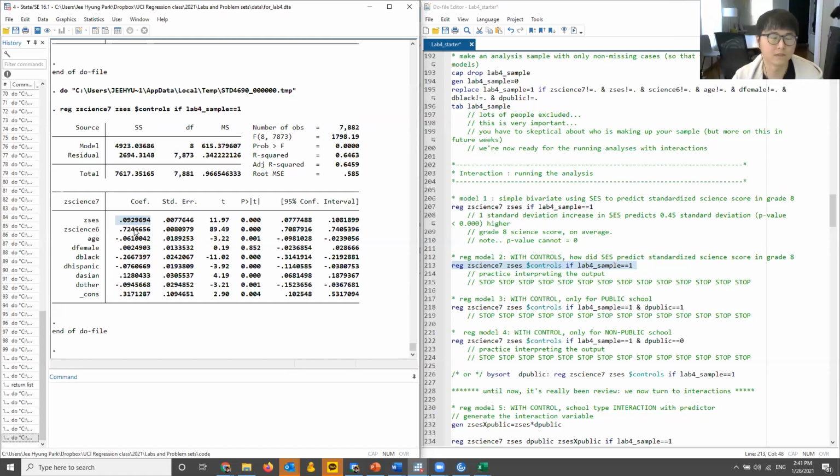Yeah, okay. And in relationship to when we're controlling for 7th grade, age, female, Black, Hispanic, Asian, other in comparison to white. Yeah, okay.